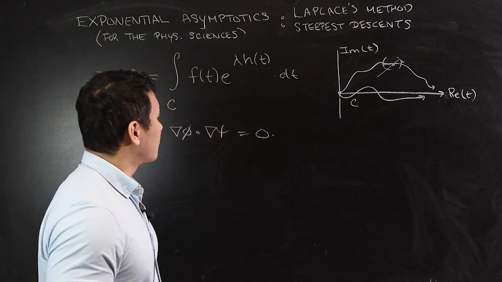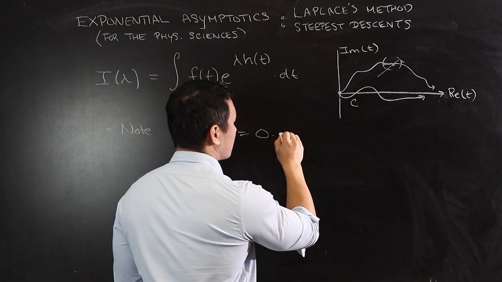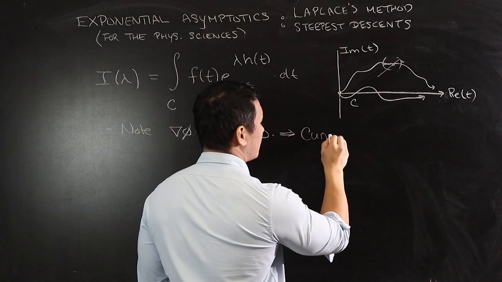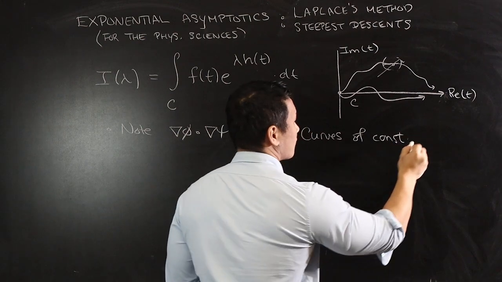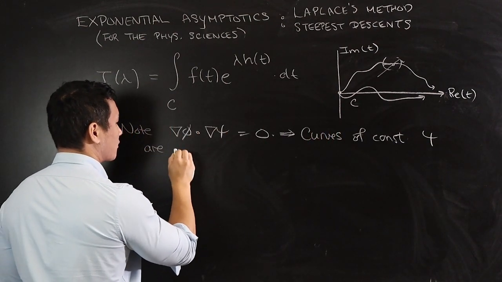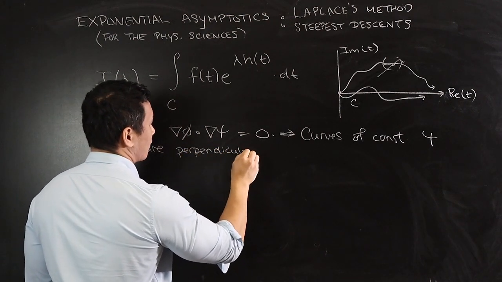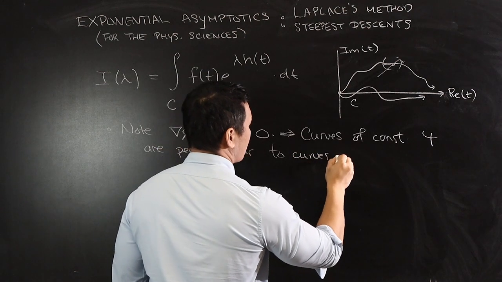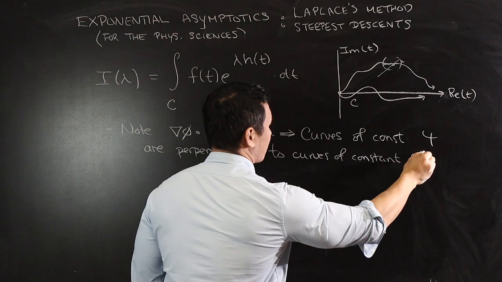So this tells me the key thing: curves of constant psi are perpendicular to curves of constant phi.